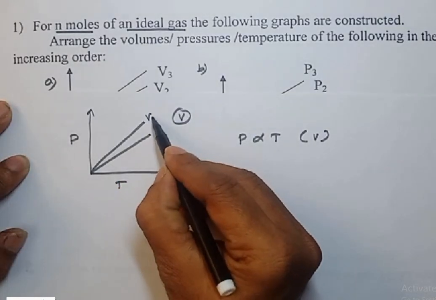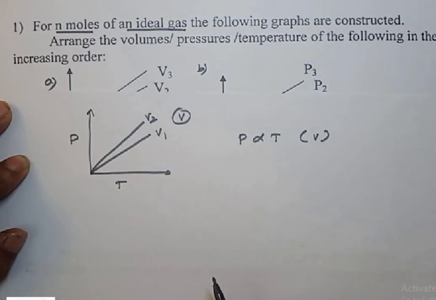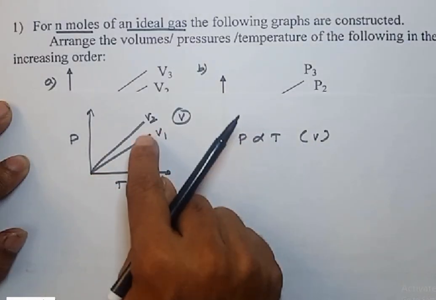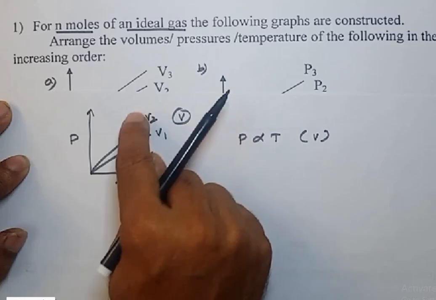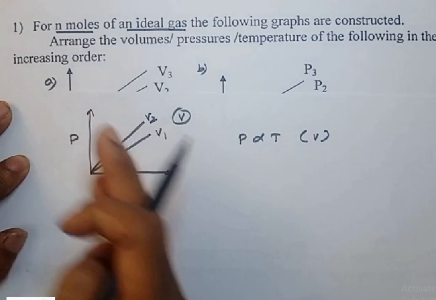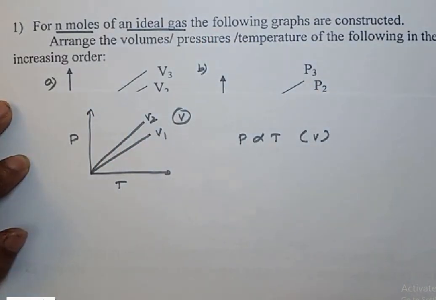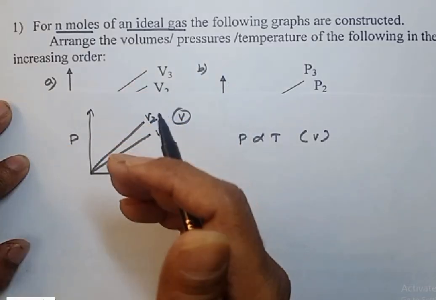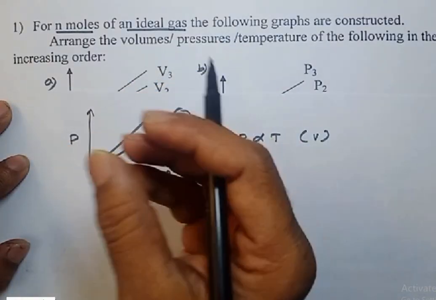This is at constant volume V2. Observe carefully: if we keep volume constant, we get a straight line. This is at some constant volume V1, this is another constant volume V2, and like that we can plot P versus T for different constant volumes of an ideal gas. Now, among V1 and V2, which is the larger volume?